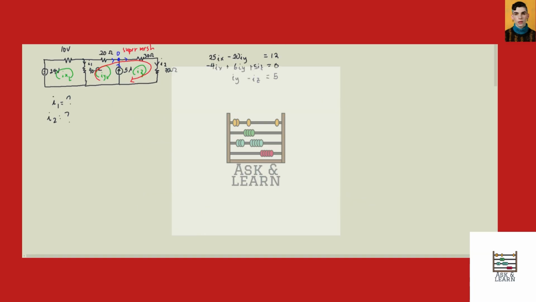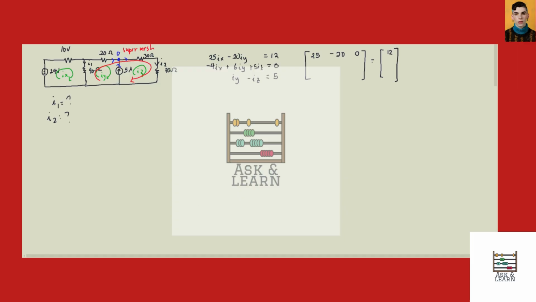Rearranging the equations, we could use a matrix to solve for the unknown variables. The initial matrix gives us, for the first equation, 25, negative 20, 0, equal to 12.